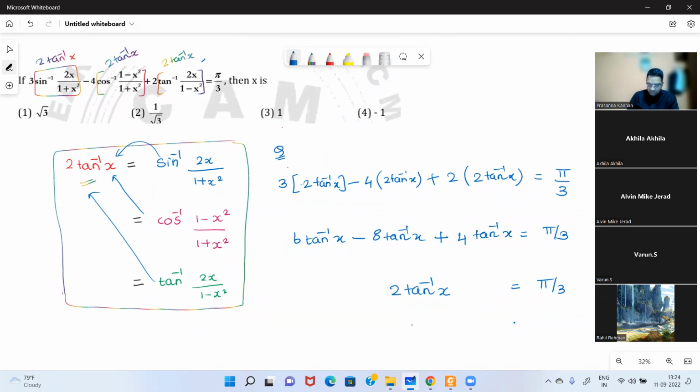So what is tan inverse x equal to? This 2 also you can take it to the other side. So it will be equal to pi by 6. So from this you can find x easily.